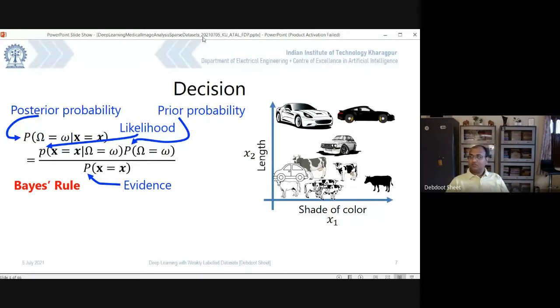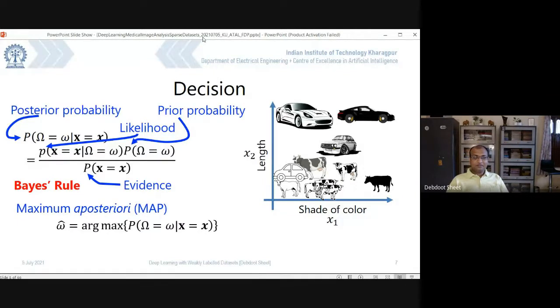Now that you have this kind of a scenario, what we are looking at is that by solving this kind of a posterior probability problem, you can come to a decision rule known as maximum a posteriori, or MAP, behavior. What MAP does essentially is that for any given value of x, x lies in this space. x as a vector lies in the space of x1, x2, which are the scalar constituents of this vector, if I am looking at a two-dimensional feature space.